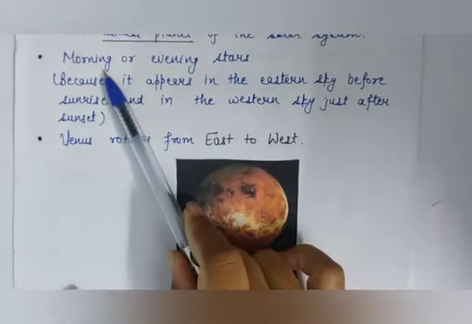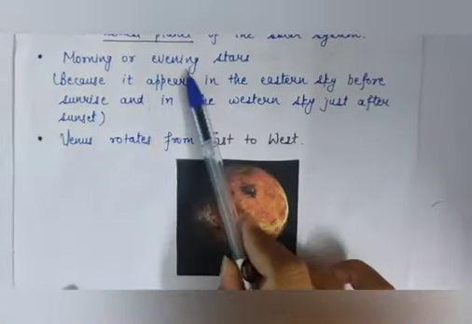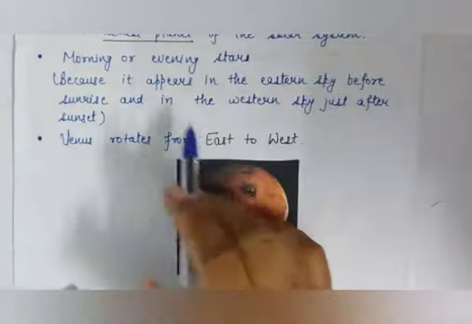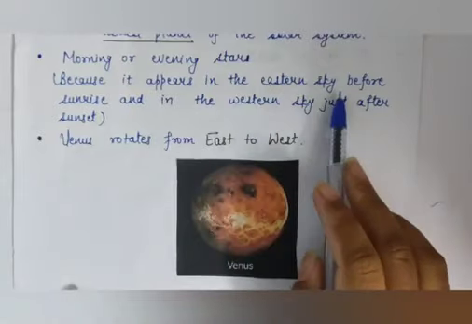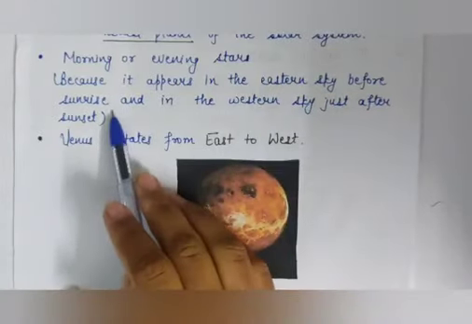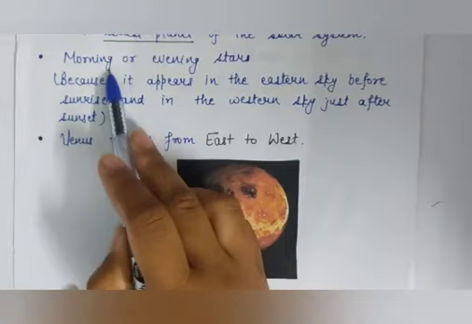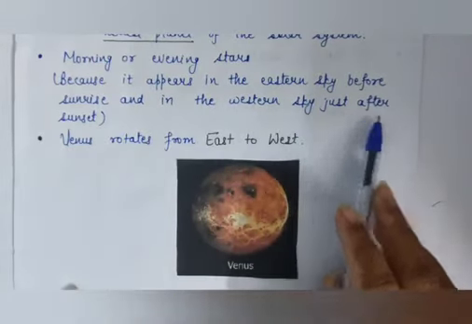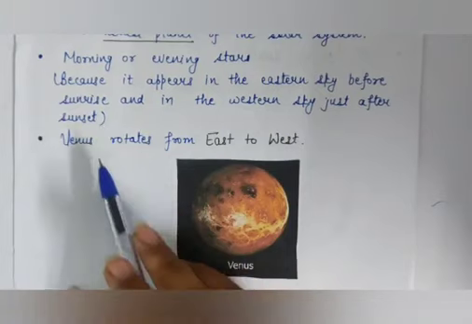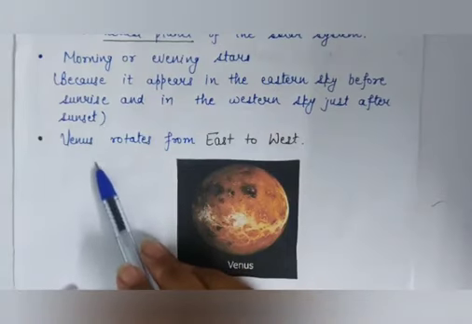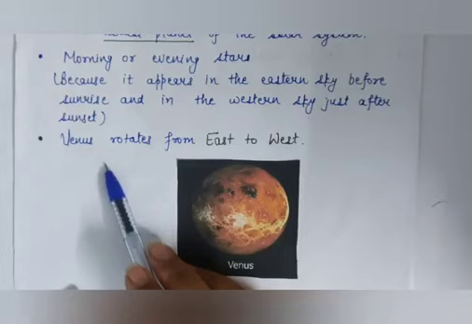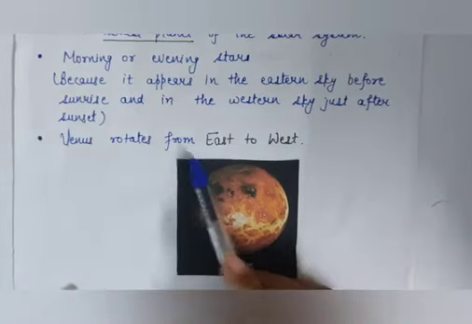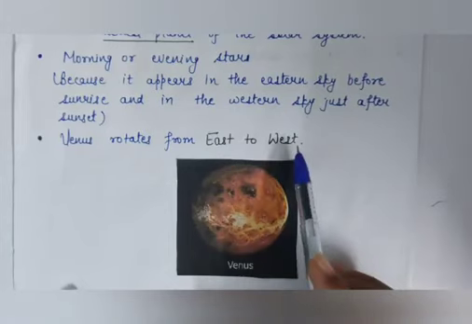It is also called morning or evening star. Why? Because it appears in the eastern sky before sunrise. That's why it is called morning star, and in the western sky just after sunset. Other planets rotate from west to east, but Venus rotates from east to west.